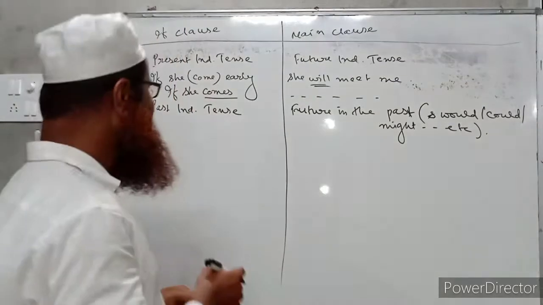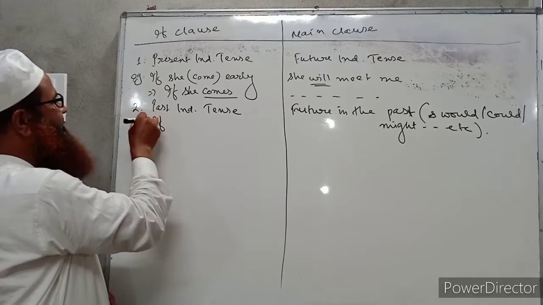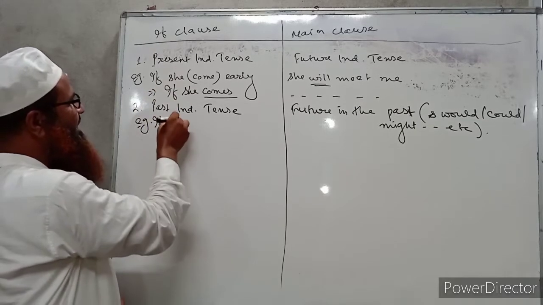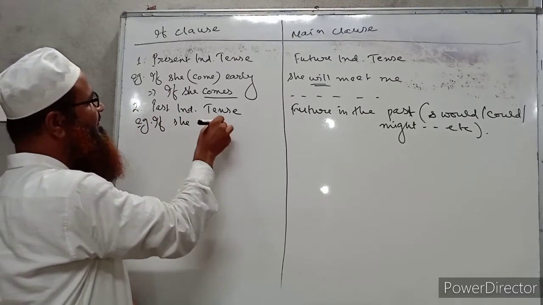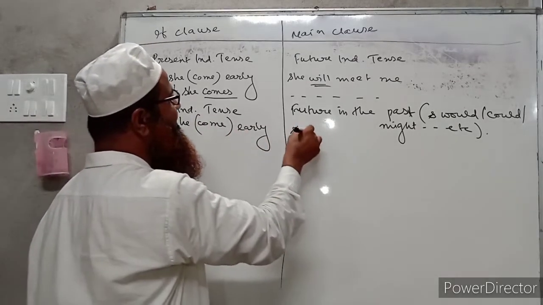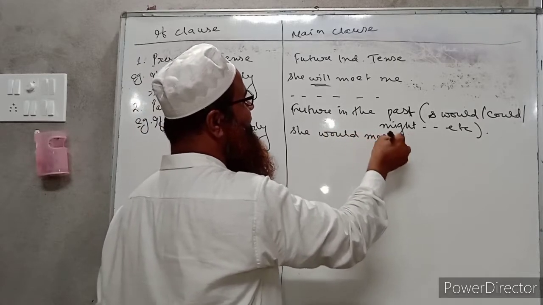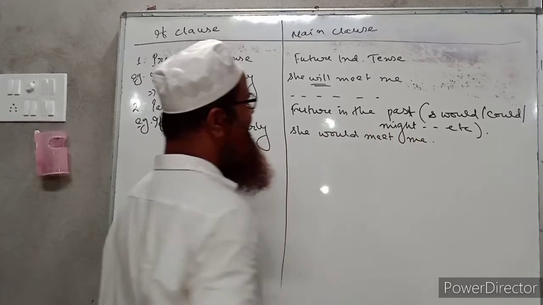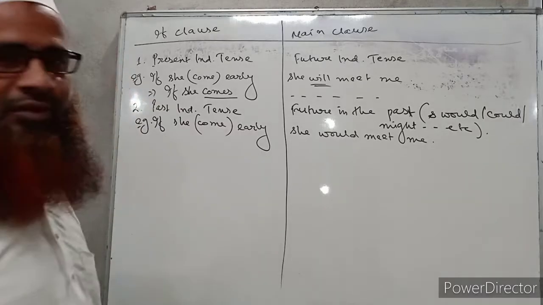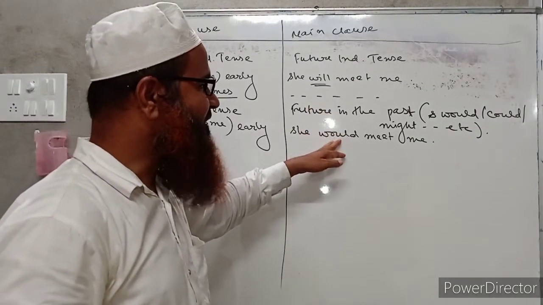Okay, now when we write here, you see again I am repeating the same sentence. If she comes early, she would meet me. So this is a very simple sentence, and we have already seen on the board that this part is in future in the past.